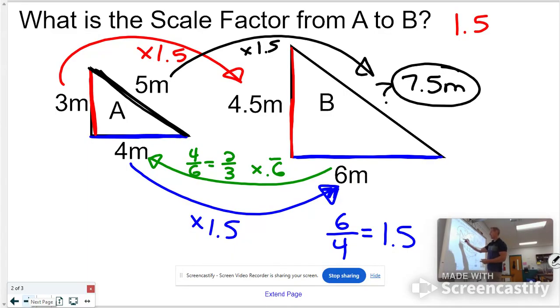So this 90-degree angle here is still a 90-degree angle in triangle B. The area would end up being 1.5 times 1.5, which would be 2.25 times the original area. It's that scale factor squared.